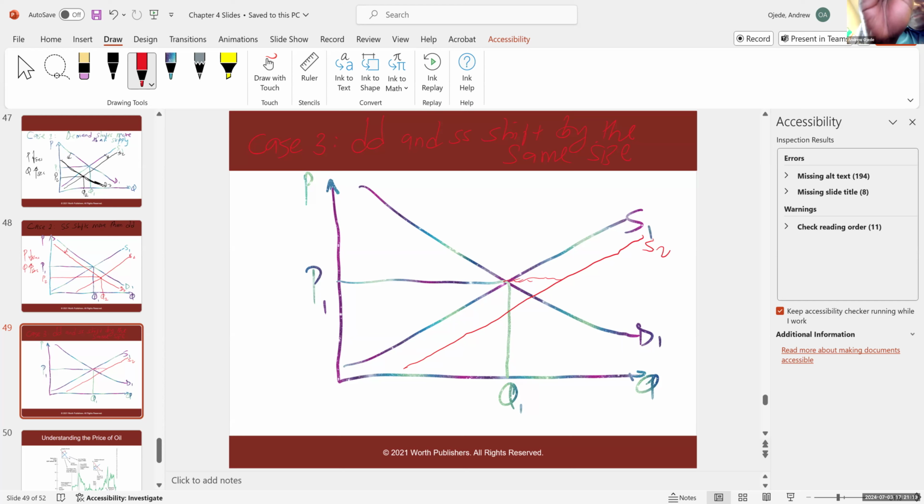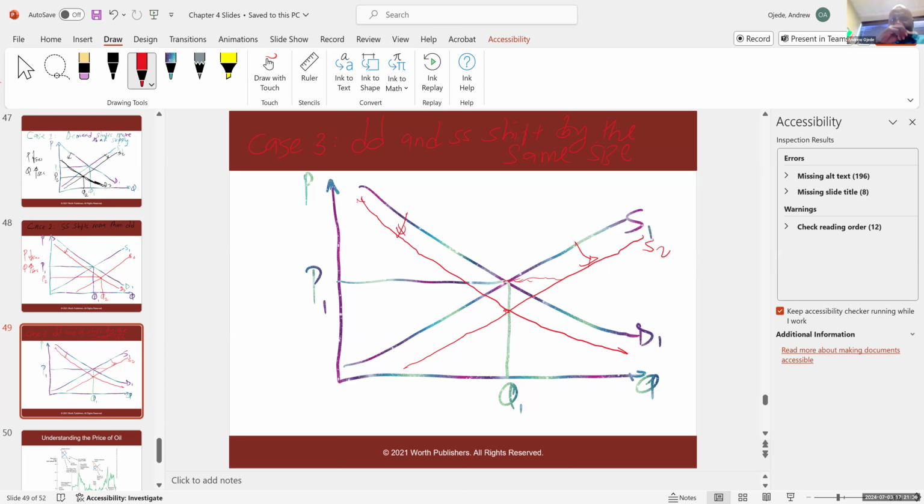So now under this case, you can see clearly, my drawing might not be very cute here. We know the demand curve is shifting to the left, sorry. Supply shifts to the right, demand shifts to the left. So demand curve shifts this way, by the same size, see? So under this, the magnitude of the shift is the same. They all shift by the same magnitude.